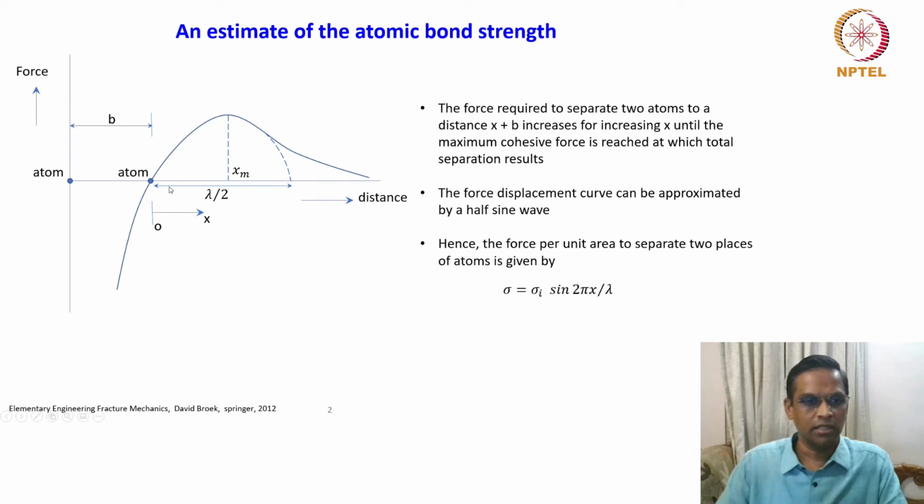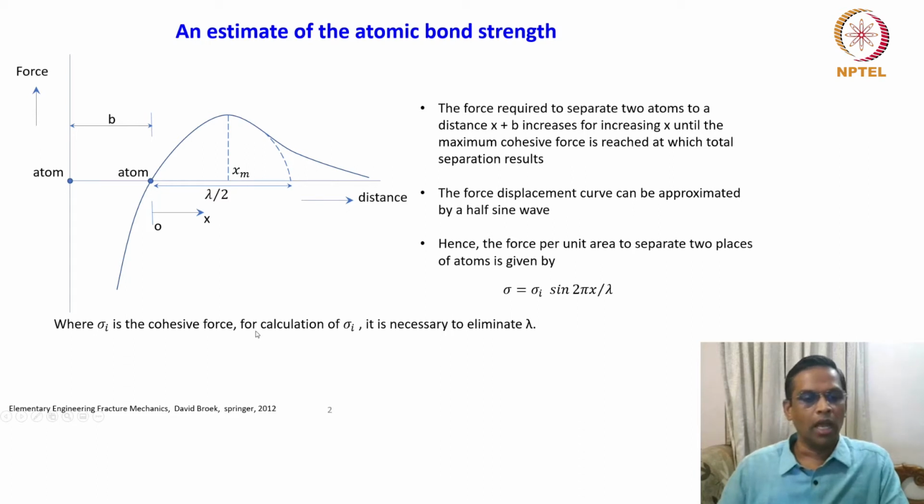The distance of the half sine wave is lambda by 2, where sigma i is the cohesive force, and we are interested in calculating this. So for the calculation of sigma i, it is necessary to eliminate lambda.